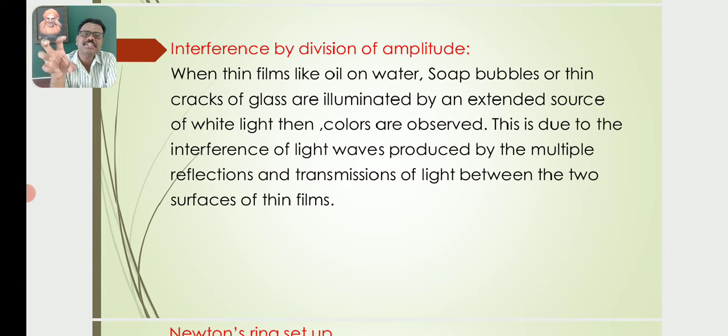This is known as constructive interference. If the crest of one wave falls on the trough of the other or vice versa, where the displacement is minimum, amplitude is minimum, and intensity is minimum, the two waves are said to be superposed out of phase. This is known as destructive interference.